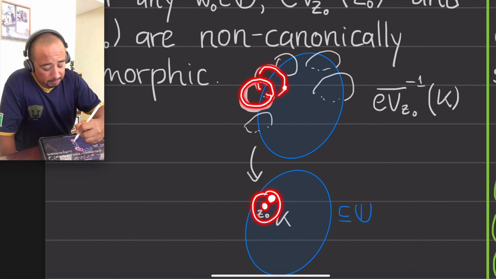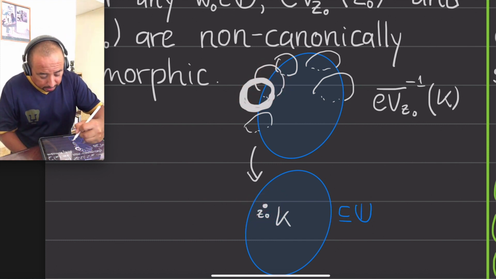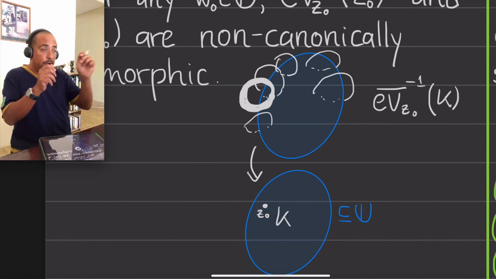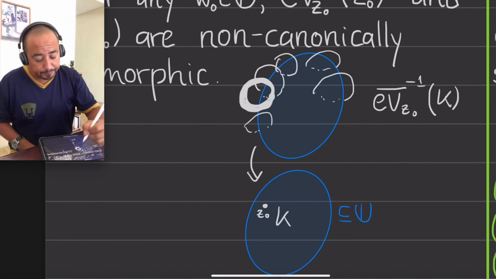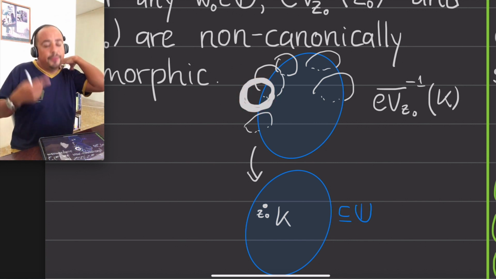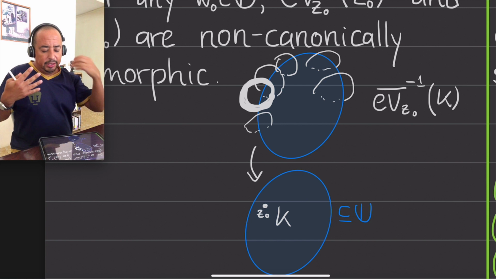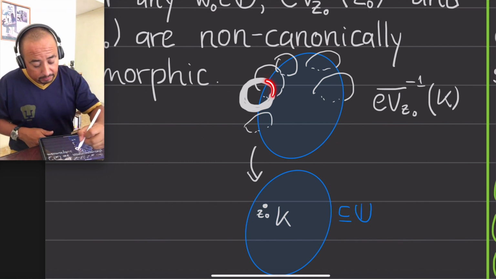But maybe one can pick that element of PSL2R in such a way that when I start considering points closer and closer to Z naught, the corresponding element of PSL2R approaches the identity, which is the one I want here, which would give me that I pick the identity as a homeomorphism from the inverse image of Z naught to itself.